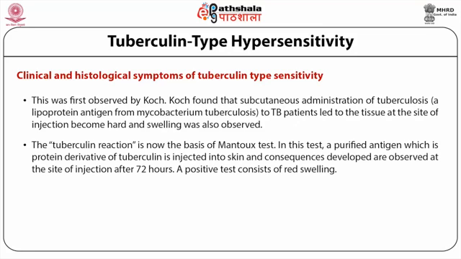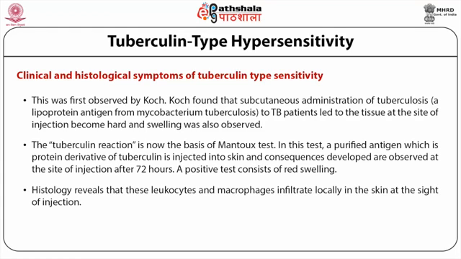The appearance of the red swelling is considered as an indication of a positive test. The histology reveals that leukocytes and macrophages infiltrate locally in the skin at the site of injection.